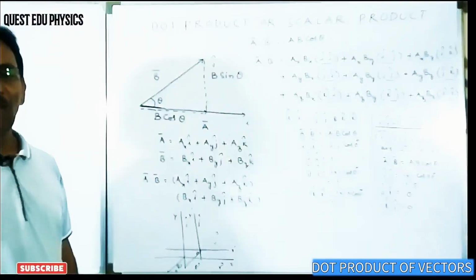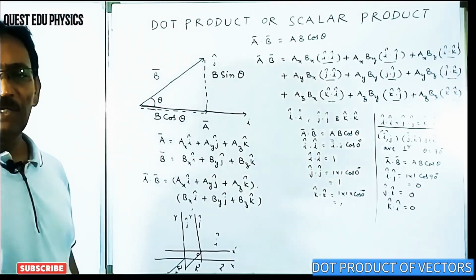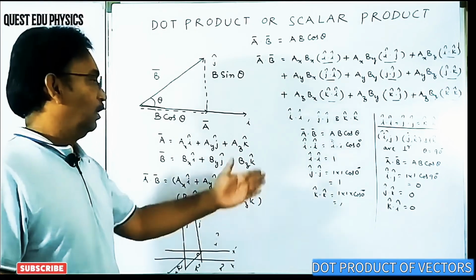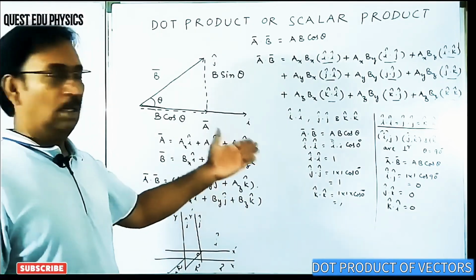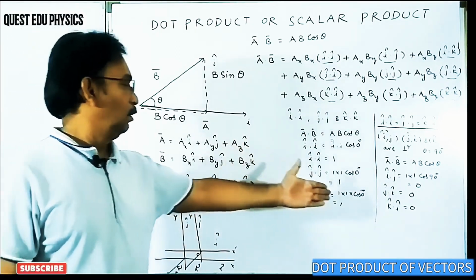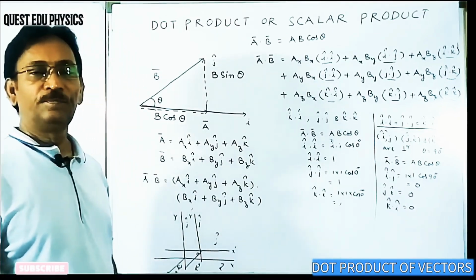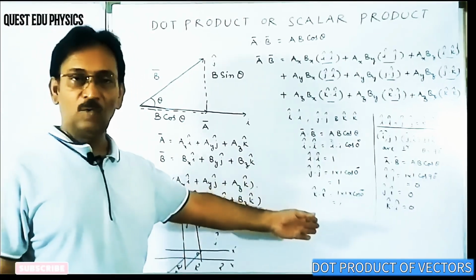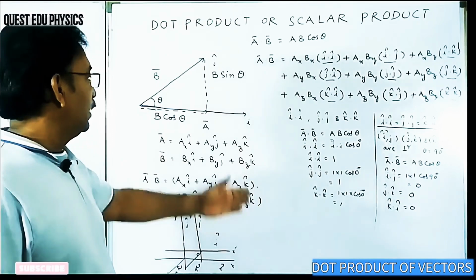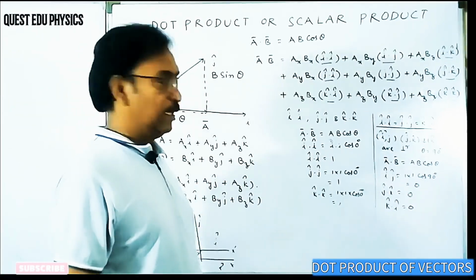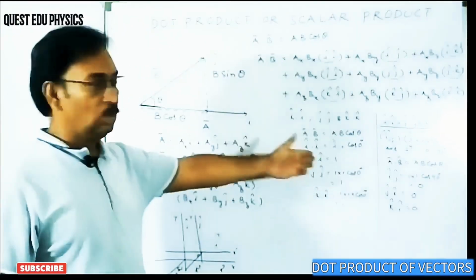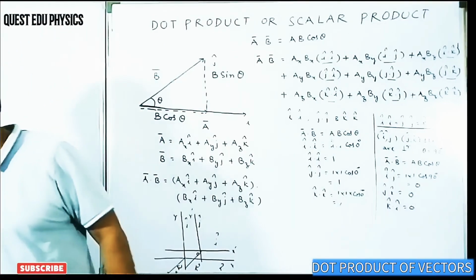What does it mean? When two vectors are perpendicular to each other, the result is 0. When they are parallel, it is 1. Here we are applying the same values in this relation. I hope you understood this one.